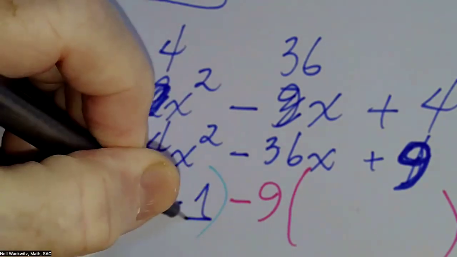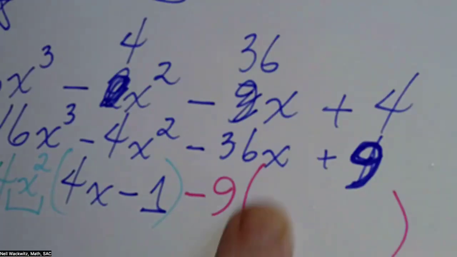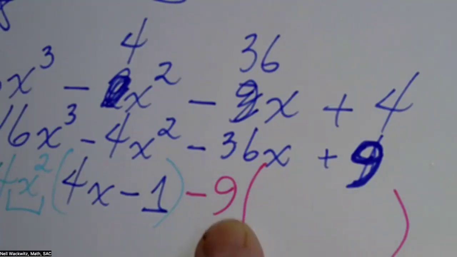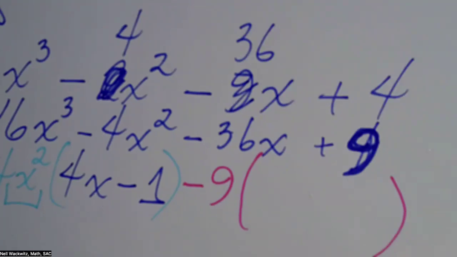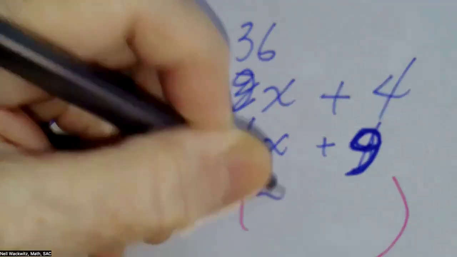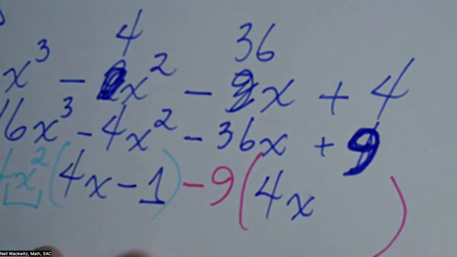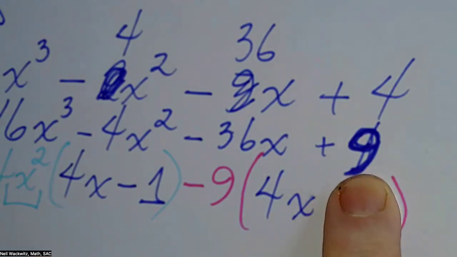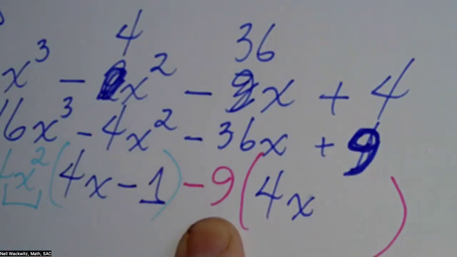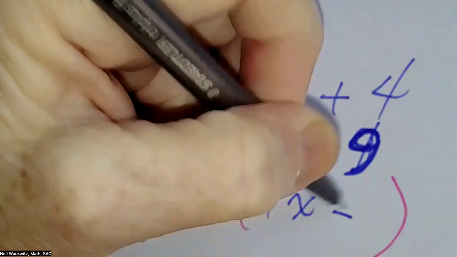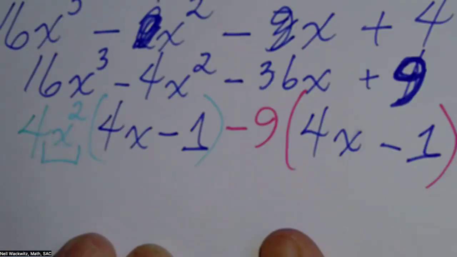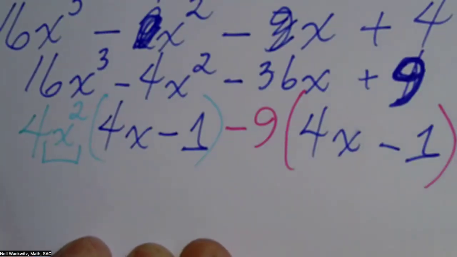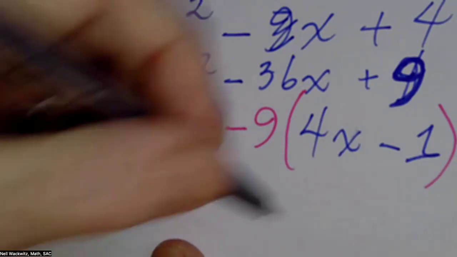Beautiful. 36x divided by 9 is 4x. And 9 divided by negative 9 is negative 1. And why are we happy? They both match.